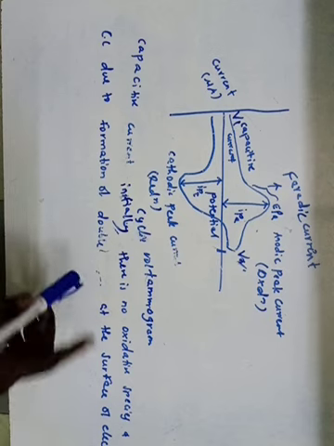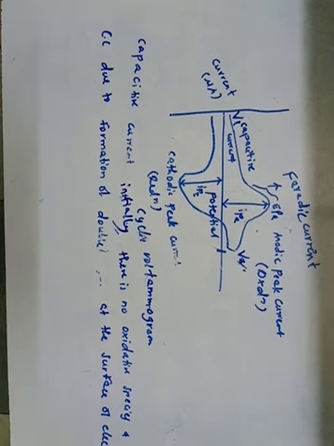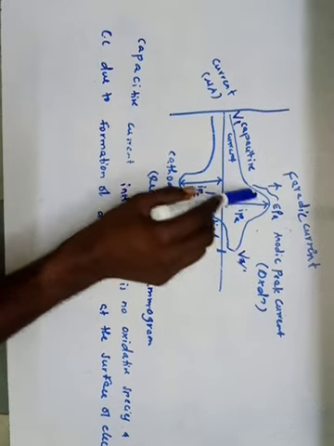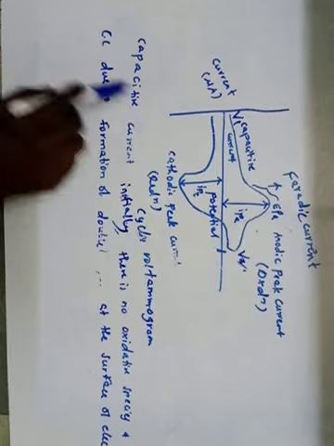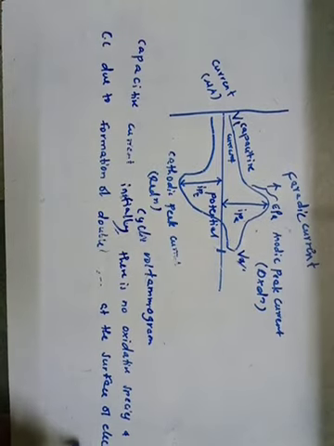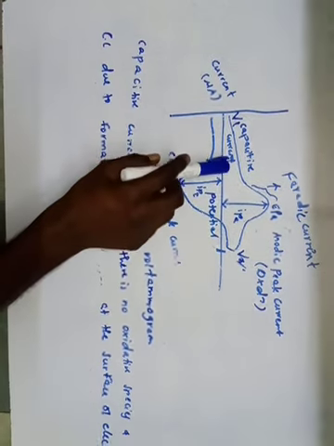In polarography too, there is a formation of a double layer, and due to it some current is produced. In the same way, in cyclic voltammetry, the formation of the double layer at the electrode surface gives the current known as capacitive current.